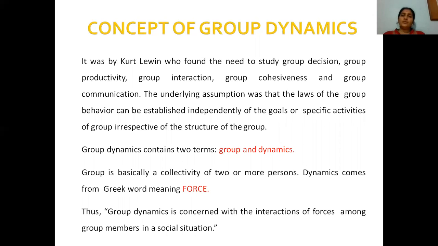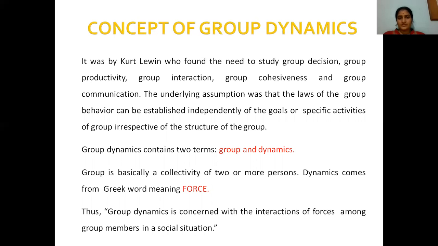Now, group dynamics is constituted of two terms: group and dynamics. We know a group is two or more people who share common goals and interact among themselves. Now what is dynamics? The group is basically a collectivity of two or more persons. Dynamics comes from the Greek word which means force. So what is that force?